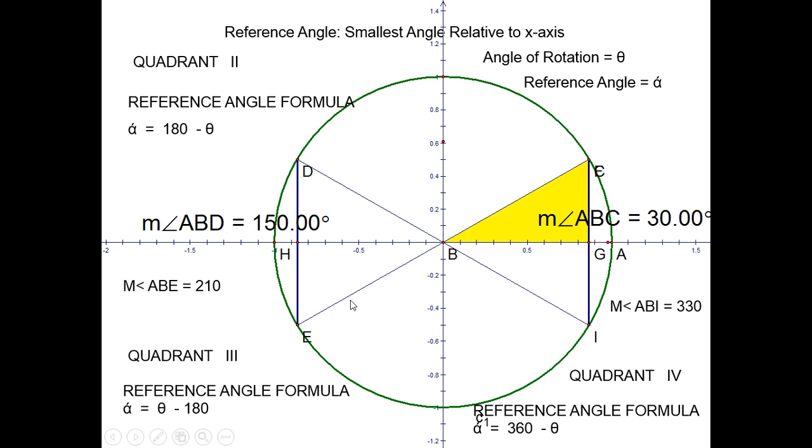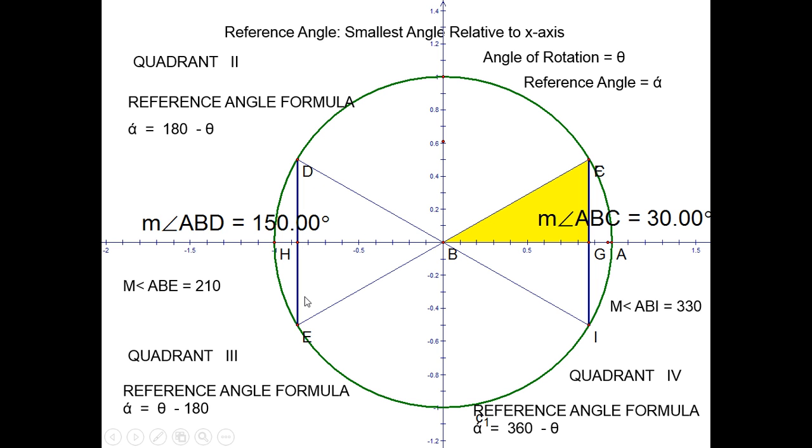Now they all have something in common. They all have the same reference, and that reference is 30. Because the angle here of 150 is 30 degrees short of 180.